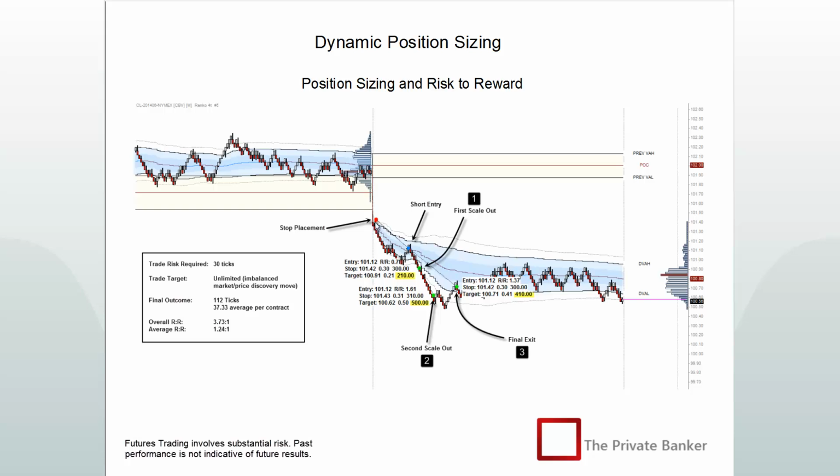So there's your entry, there's your stop. Your stop is not in the market, your entry is at a key level based upon what the market's doing, and that's how it all works out. Your stop is about 30 ticks away. Your trade target is really just unlimited. This is price discovery.